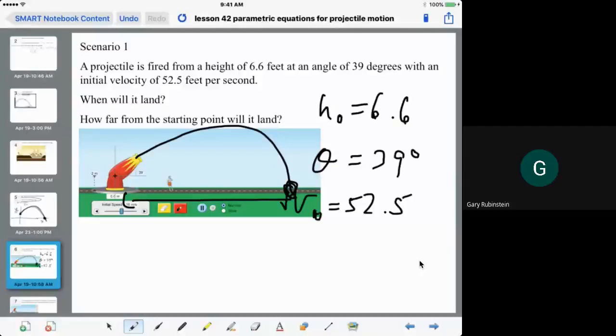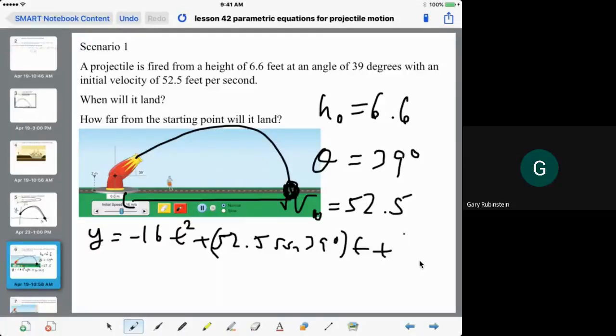We take our equations. We want to know when y is equal to 0, because when y equals 0, the thing has landed. So the first thing we're going to do is figure out t for when y equals 0. So remember this equation, y equals -16 t squared plus 52.5 sine 39 degrees times t plus 6.6.